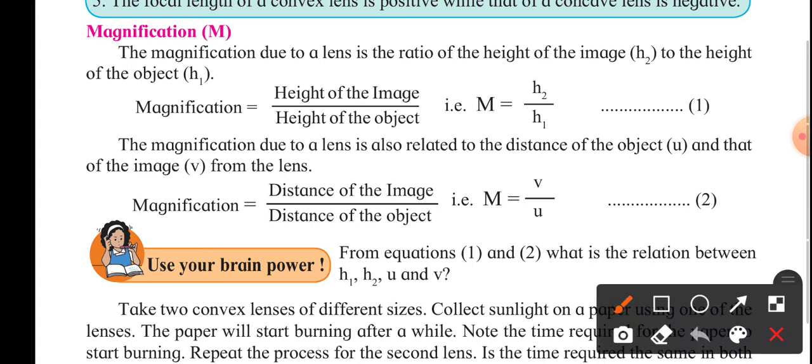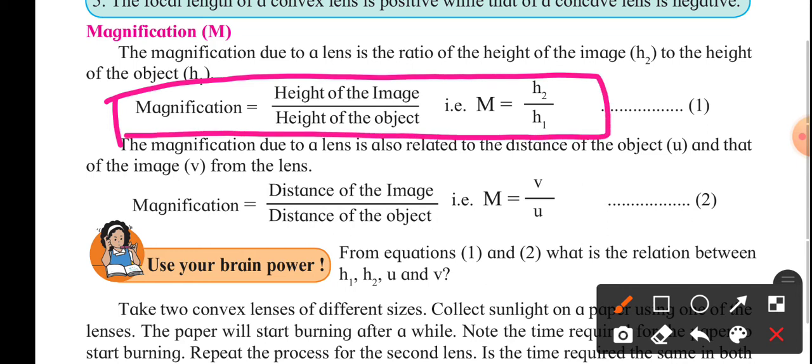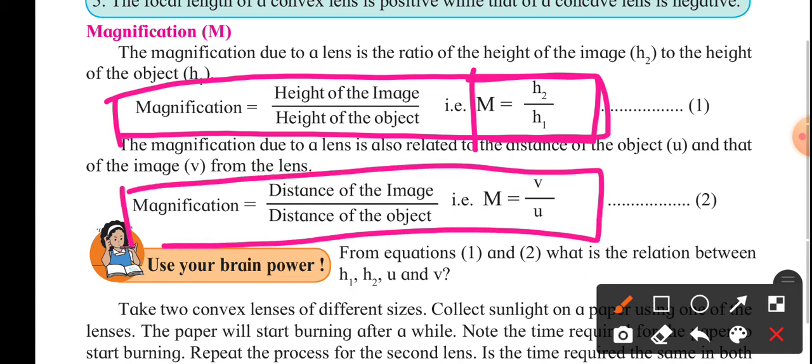For that we use the formula: magnification M is equal to height of the image upon height of the object, so M is equal to H2 upon H1. The same way, we have a formula for magnification in terms of distances also, that is V upon U.